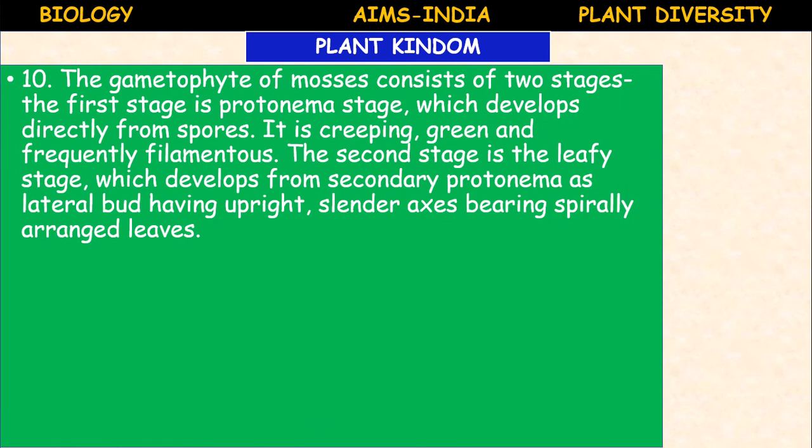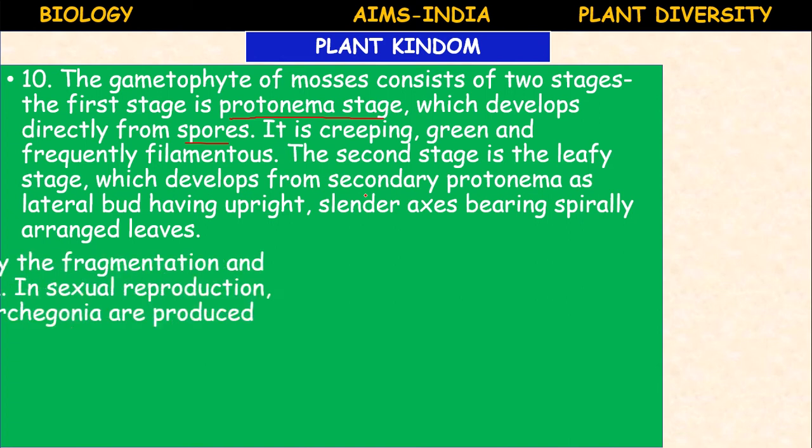Next, the gametophyte of mosses consists of two stages. The first stage is the protonema stage. Once again, this protonema stage develops directly from the spores. It is the asexual stage. It is creeping, green, and frequently filamentous. The second stage is the leafy stage, which develops from the secondary protonema as a lateral bud, having an upright, slender axis bearing spirally arranged leaves.